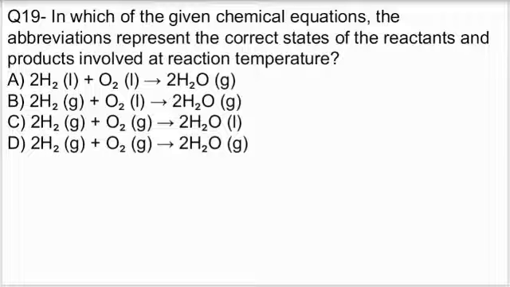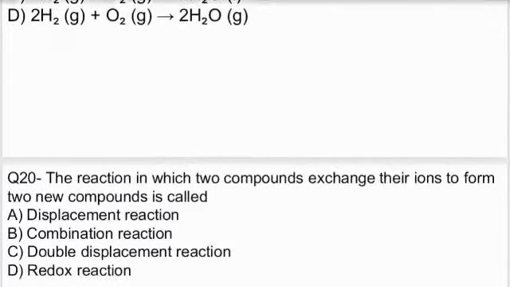C. 2H₂ gas plus O₂ gas gives 2H₂O liquid. And the last option, 2H₂ gas plus O₂ gas gives 2H₂O gas. The correct option is C. 2H₂ gas plus O₂ gas gives 2H₂O in the liquid state.